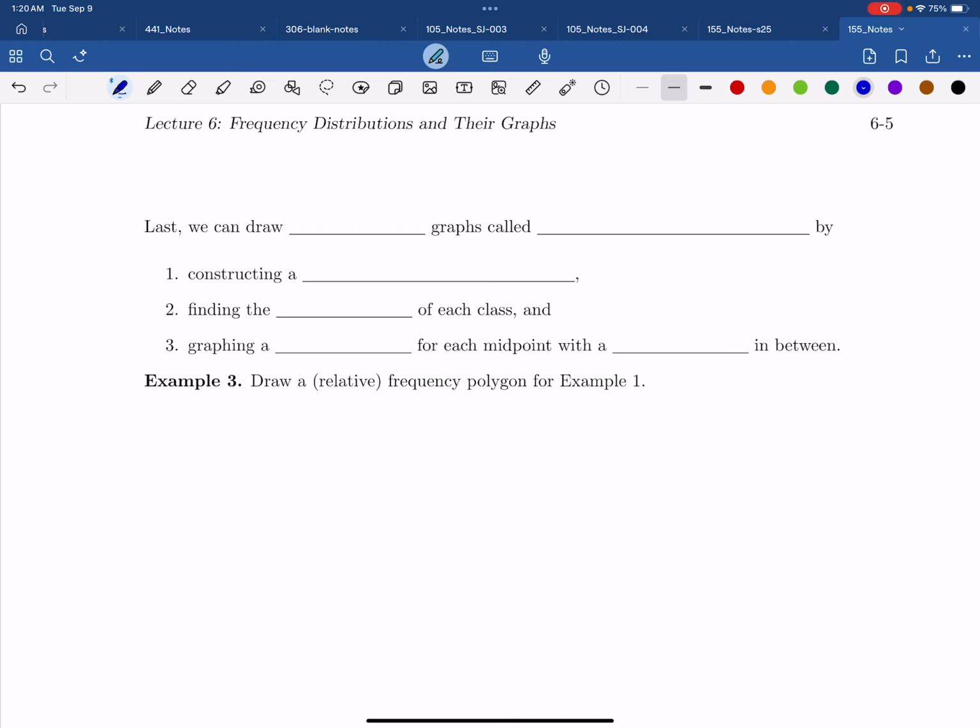Alright, and we also can draw line graphs called frequency polygons. Really what we do is we just construct a histogram. I guess they could be frequencies or relative frequencies.